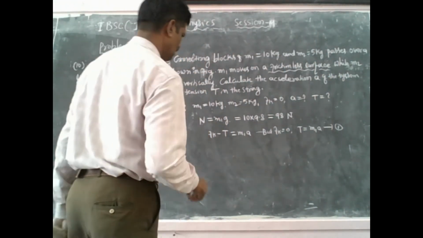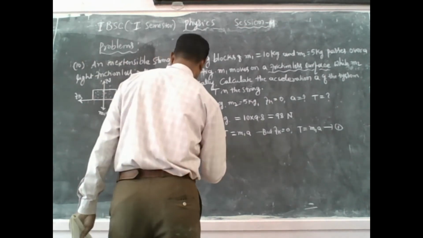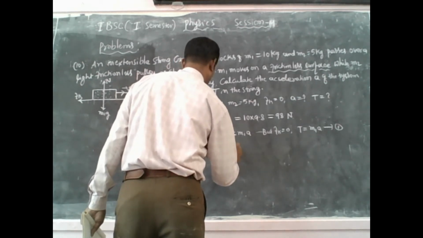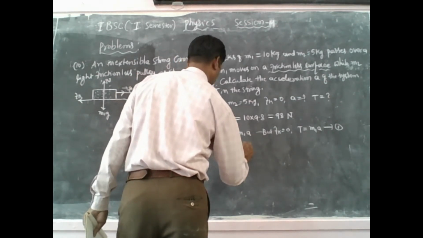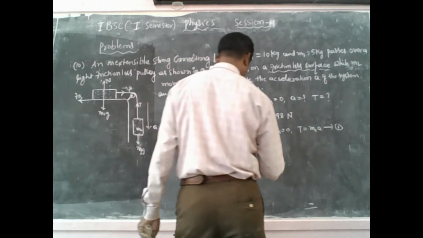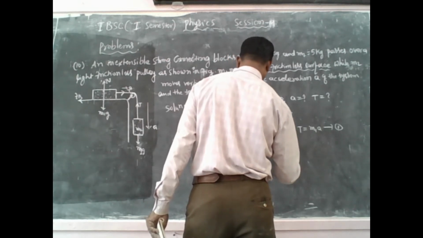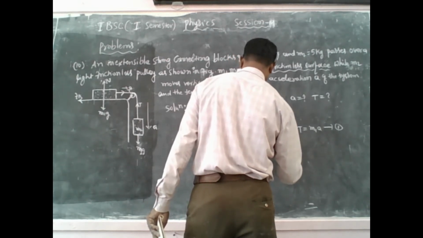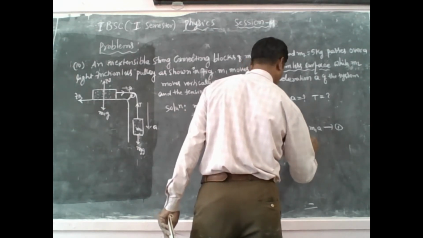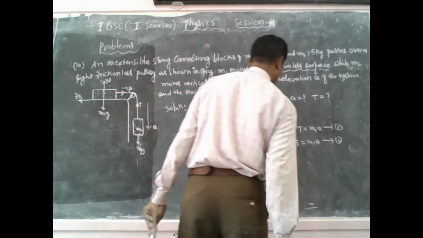Okay. And then for block 2, T minus M2g equals minus M2A. That is equal to M2g minus T equals M2A, equation number 2.